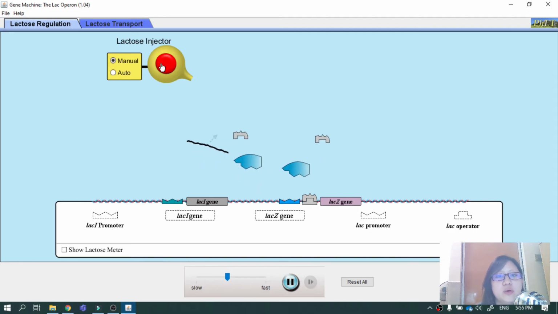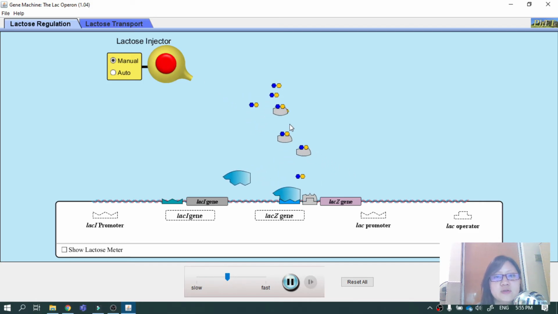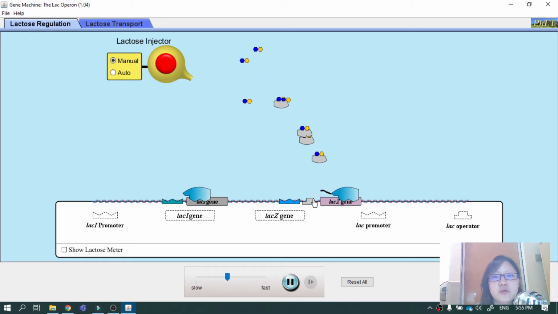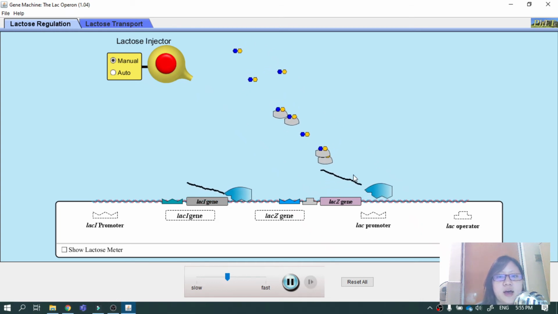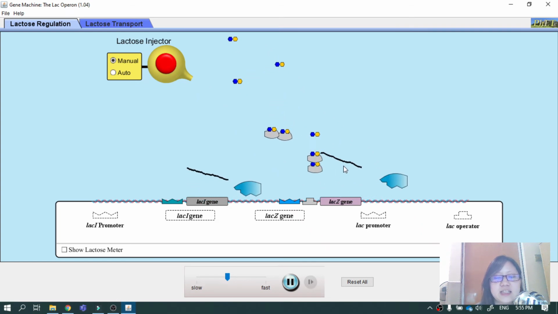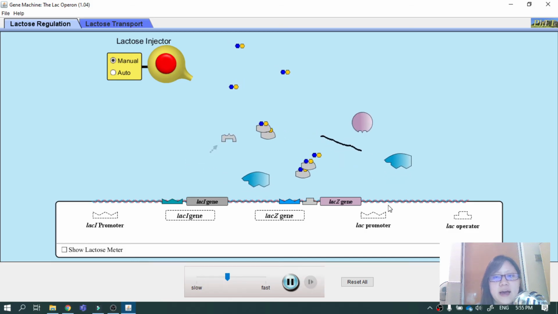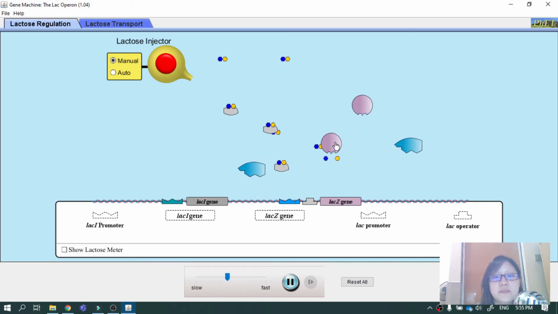Now what happens when we inject some lactose into the cell? You can see here that when lactose binds with the repressor, it changes shape and no longer binds with the operator, and therefore the RNA polymerase can move to the genes and transcribe them, and the lac ZYA genes can be expressed. Okay, lac Y and lac A are not shown here, but assume they're there.